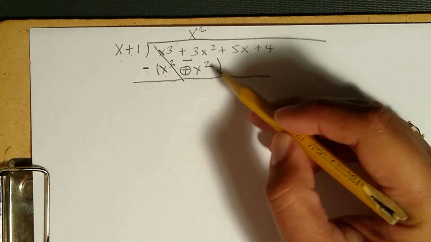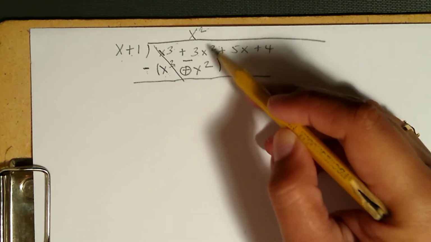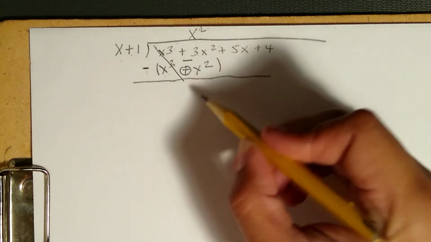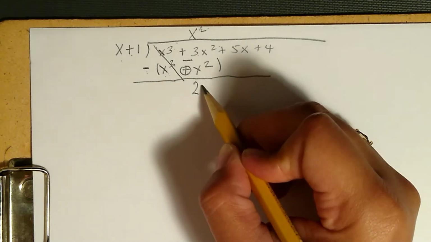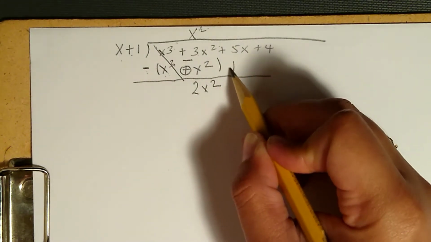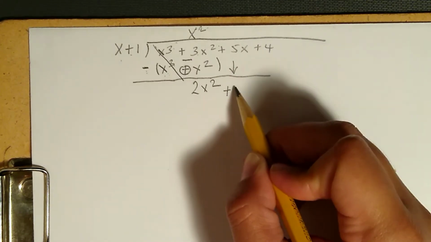This cancels. And then 3x squared minus x squared will give you 2x squared. We bring down the 5x, plus 5x.